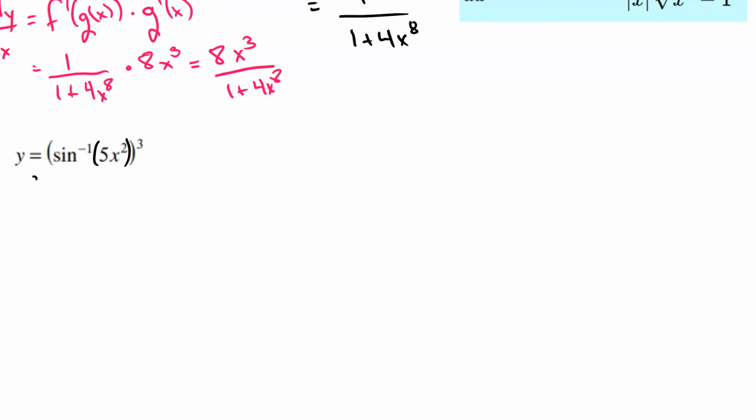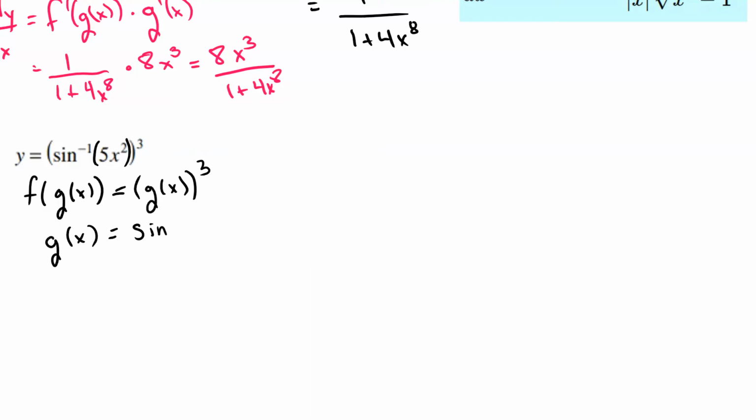So here I've got my outermost function, which is going to be that cubed, and then my innermost function is going to be that arcsine of 5x squared.